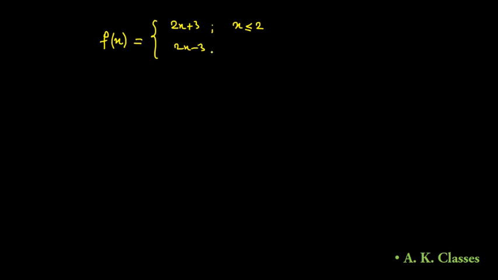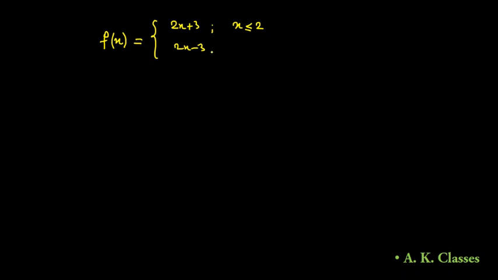Second point is 3, so find the left hand limit first. 3 negative f of x means in place of f(x) we have to write minus twice x. Limit of h tends to 0 of minus twice of 3 minus h, so it will be -6.